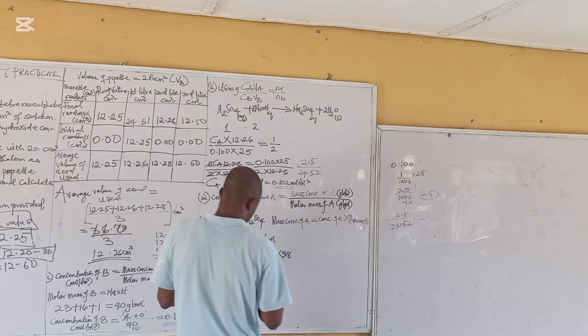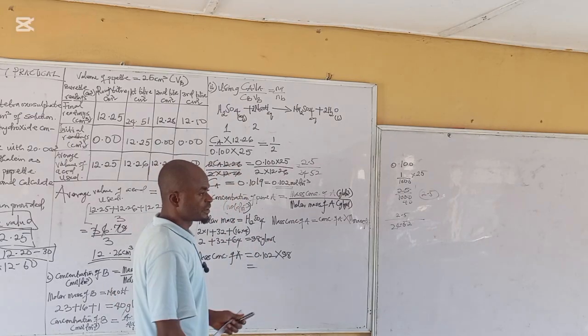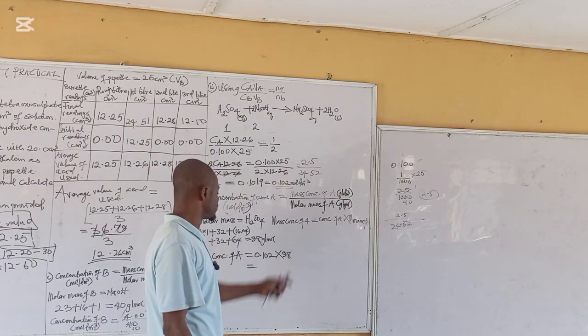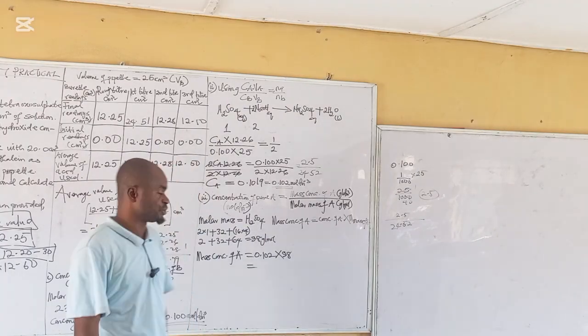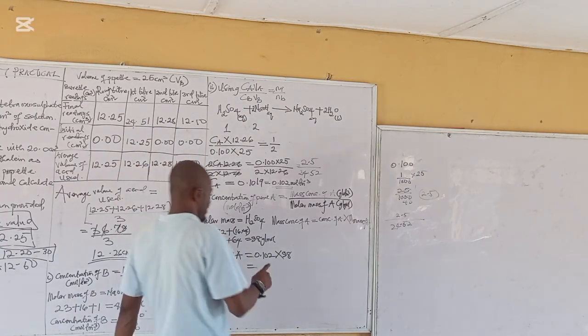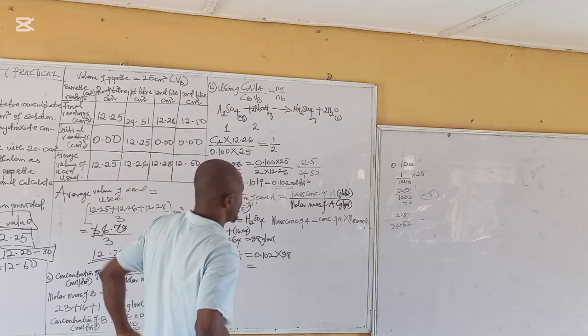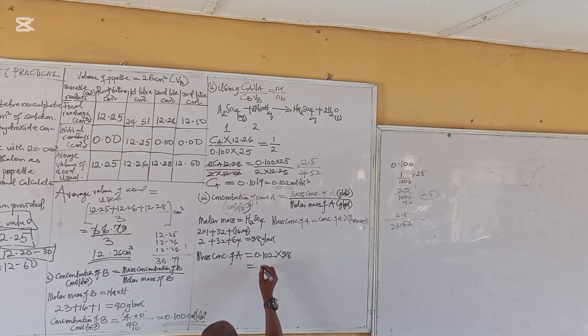You multiply this together. 0.102 multiplied by 98 will give us 9.996. That is 9.996 gram per dm cube. Can you see? That is 9.996 gram per dm cube.